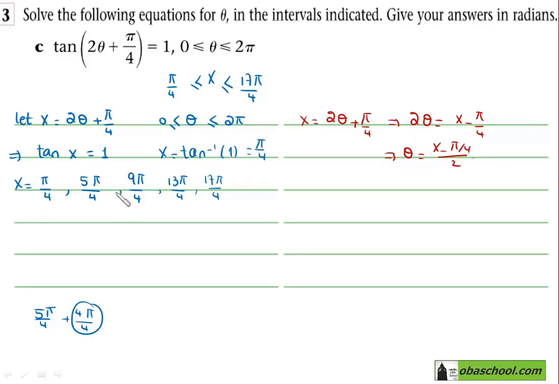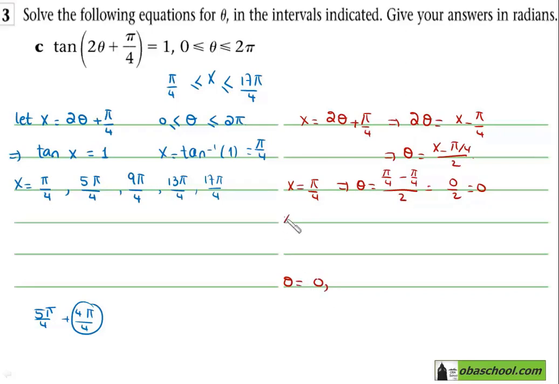When x is equal to π/4, it implies that θ is equal to, instead of x, we put (π/4 − π/4) all divided by 2. 0 over 2 is 0.